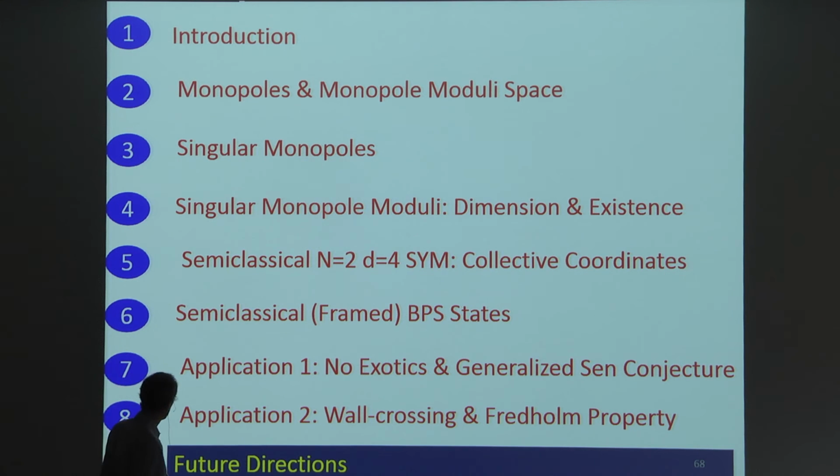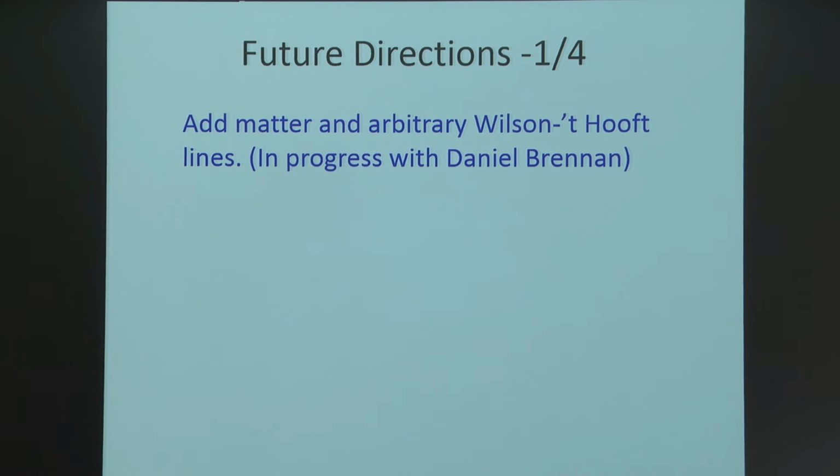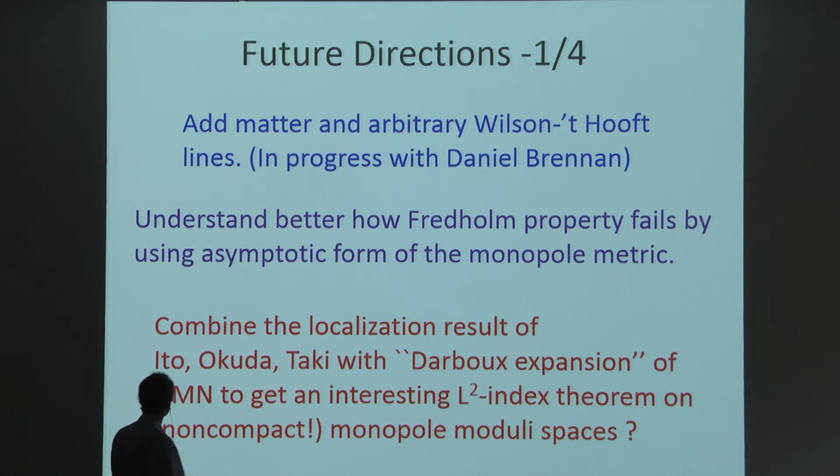So real quick, let me just indicate a few future directions for this line of research. You can add matter and arbitrary 't Hooft-Wilson lines; I'm working that out with a student. It would be nice to understand even better how the Fredholm property of the Dirac operator fails in the general case by using the asymptotic form of the monopole metric.